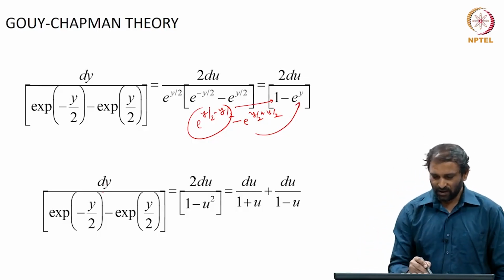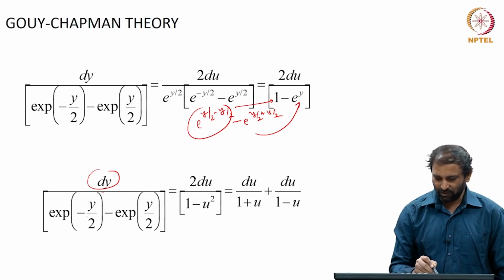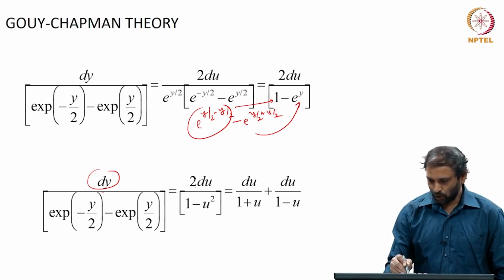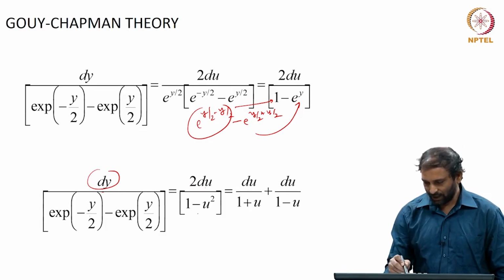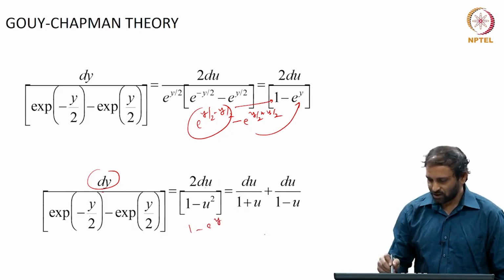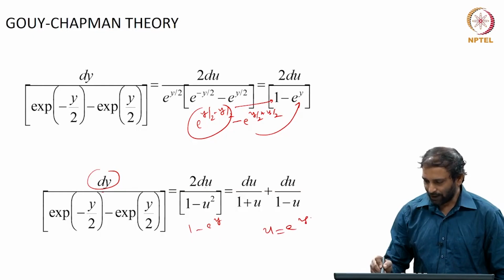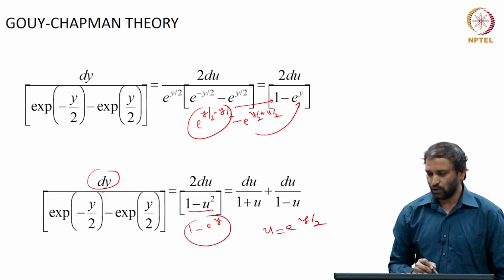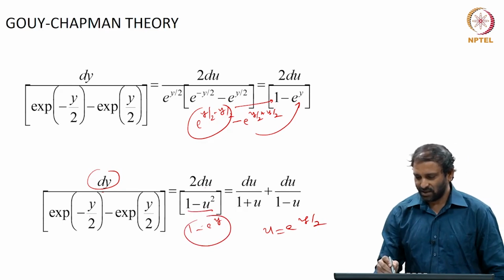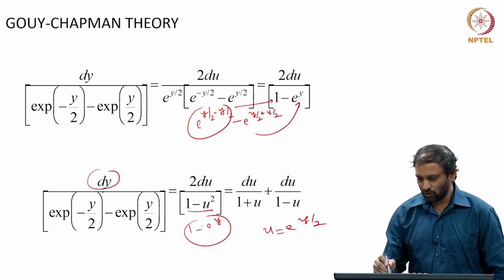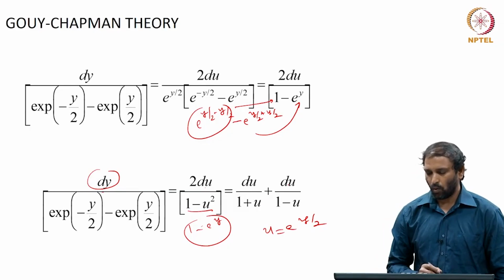Therefore, dy divided by exponent of minus y by 2 minus exponent of y by 2 becomes 2 times du divided by, it was actually, 1 minus e power y, and because u is e power y by 2, this becomes 1 minus u square, which I can write as du divided by 1 plus u plus du divided by 1 minus u.